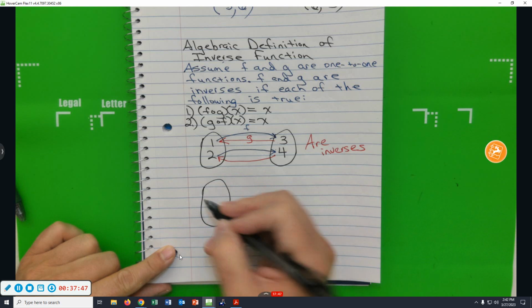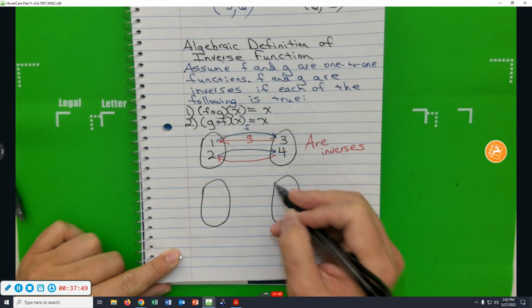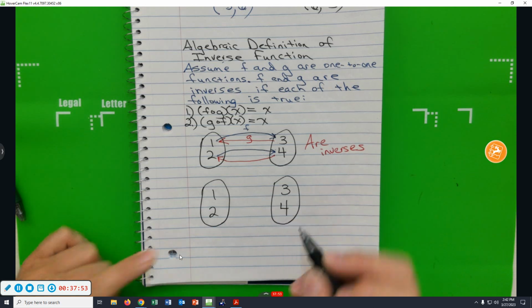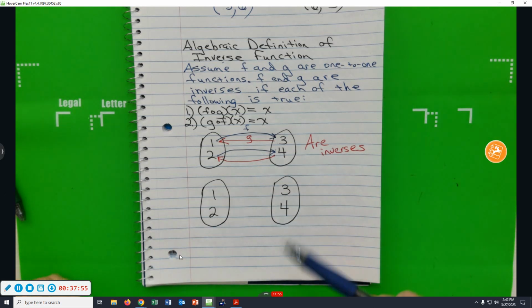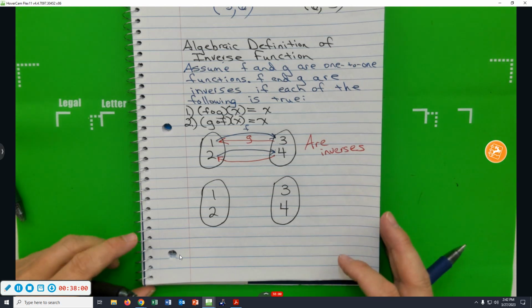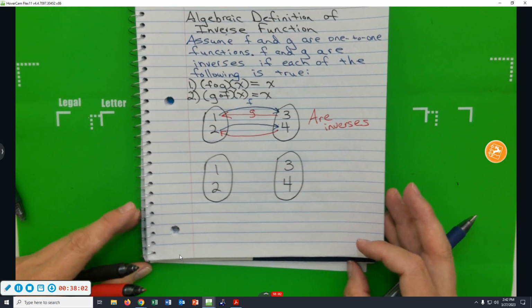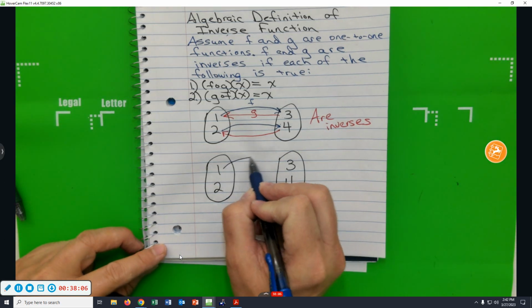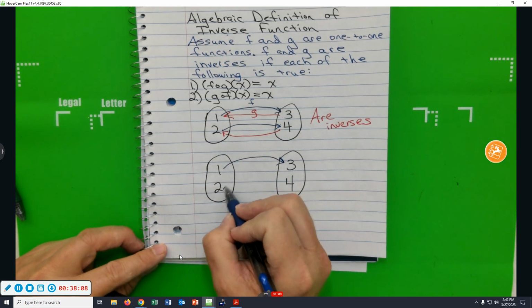Let's look at this one. 1, 2, 3, 4. And once again, this is abstract thought. This is not inputs and outputs of some little function machine. Let's suppose f takes 1 to 3 and 2 to 4.